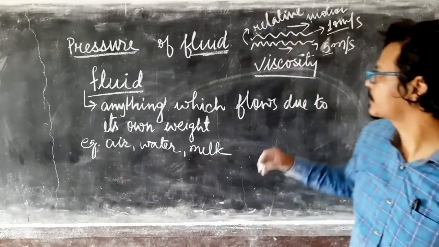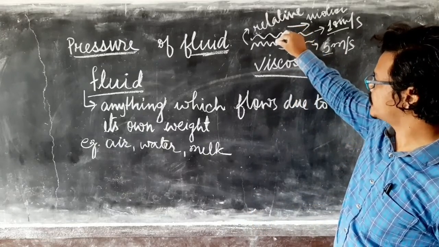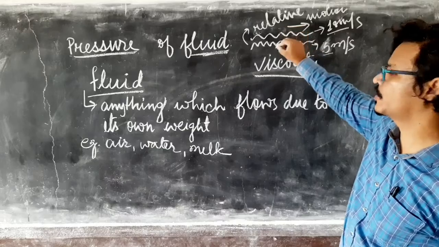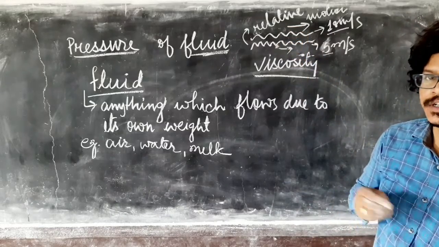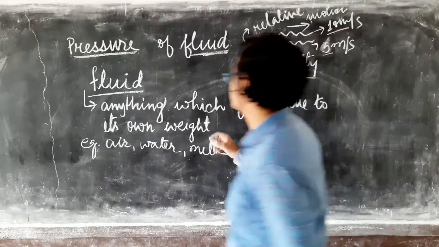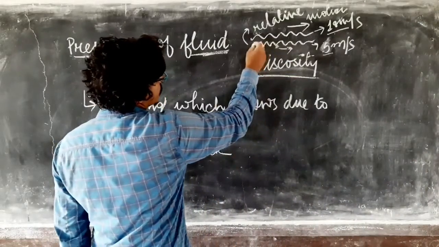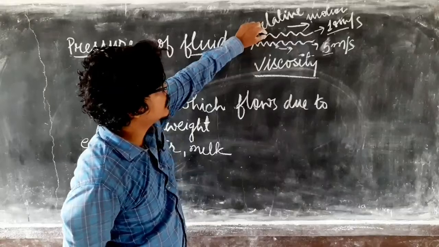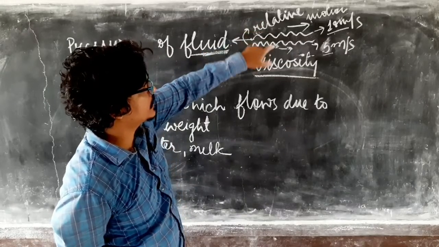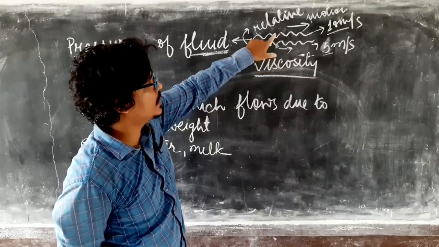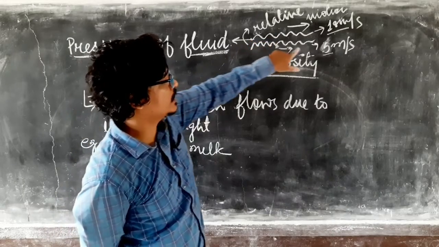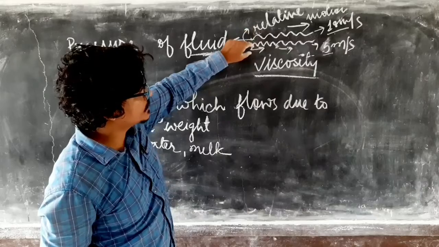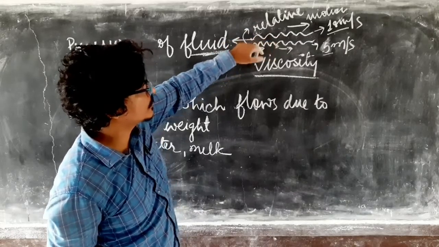Resistive in nature means the force applied by the lower layer to the upper layer, or by the upper layer to the lower layer, is resistive. The lower layer will try to apply force on the upper layer in this direction so that it slows down and comes to rest with respect to the lower layer. Similarly, the upper layer will try to apply force on the lower layer in this direction, so that the speed of the lower layer will increase to 10, and both will move together.